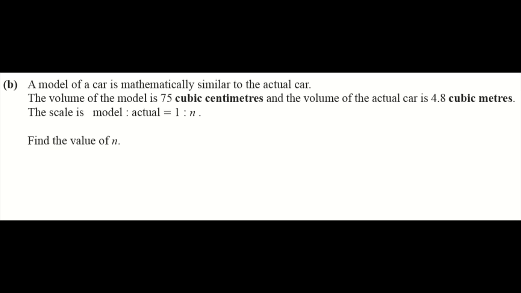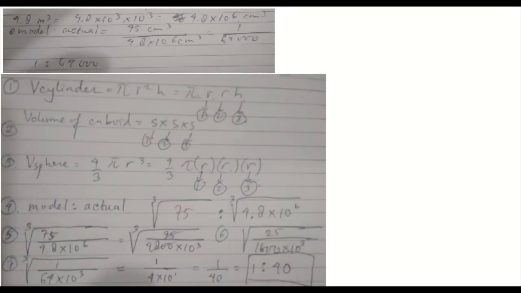Now, to answer this question, we need some good strategies here. First of all, we need to remember that the common flaw in this type of question is that we just convert the bigger value, in this case 4.8 cubic meters, and put them into a ratio. This is a fatal move.